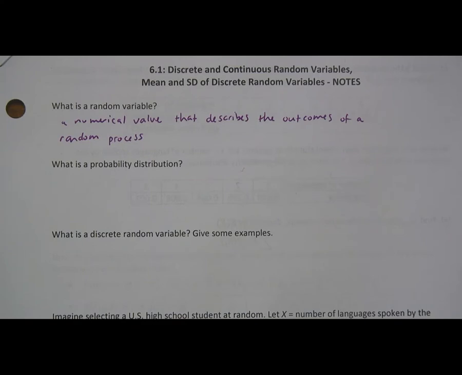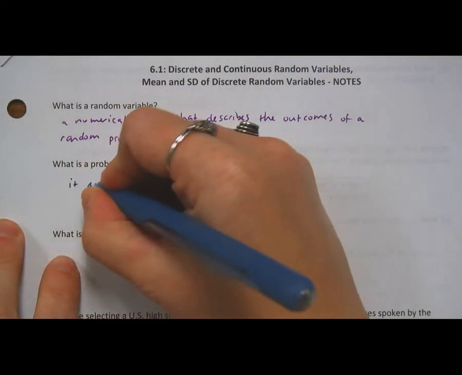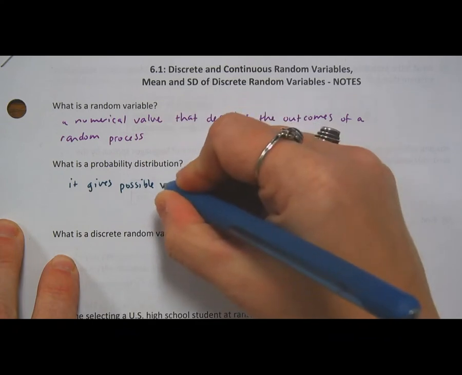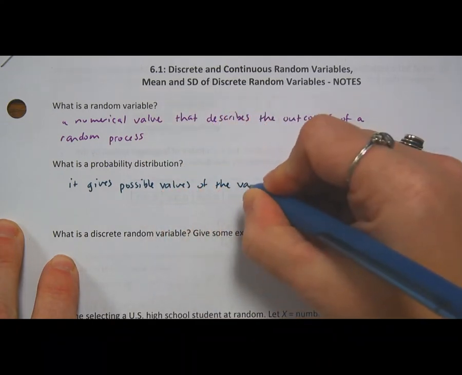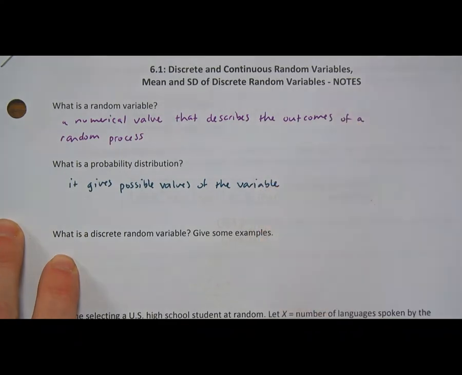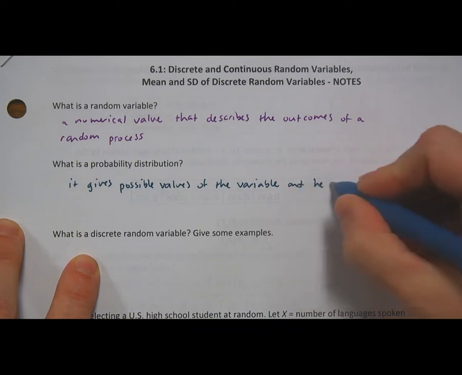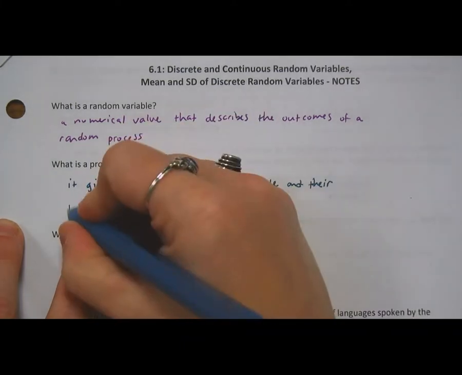So what is that? A probability distribution gives possible values of the variable and their probabilities.